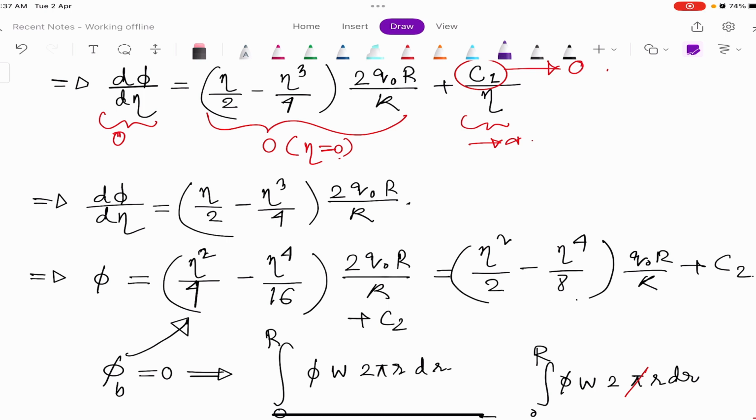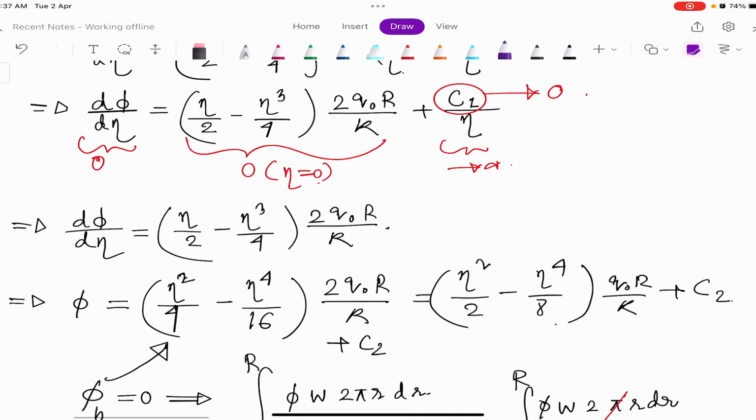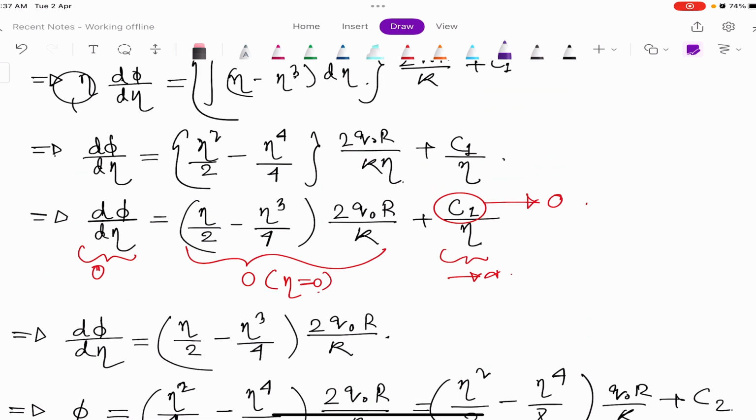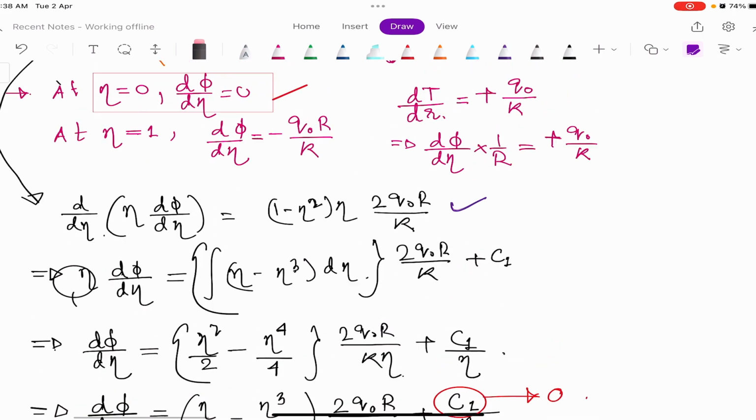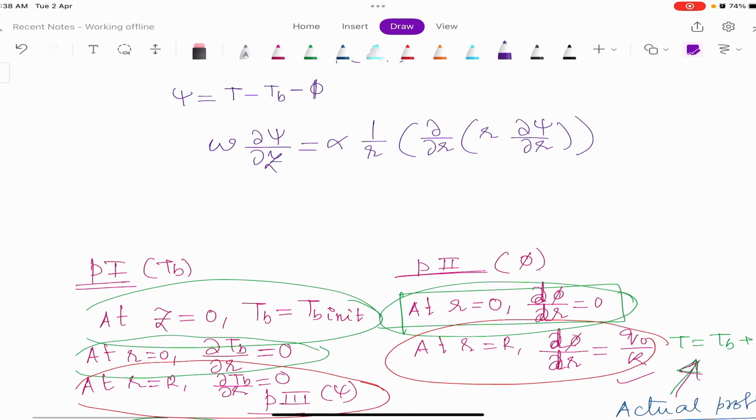So is it right or wrong? Because I have done it earlier, but the expression of phi was not like this, and that is why I am concerned. So let me see it from scratch.